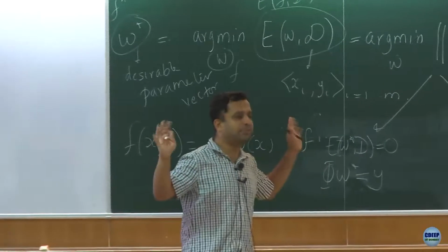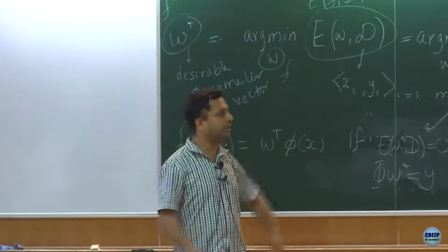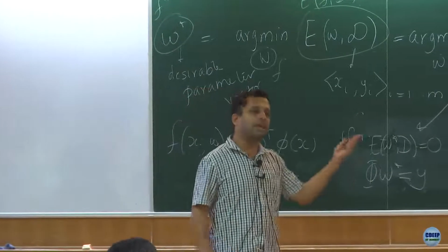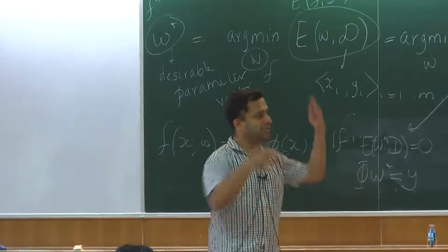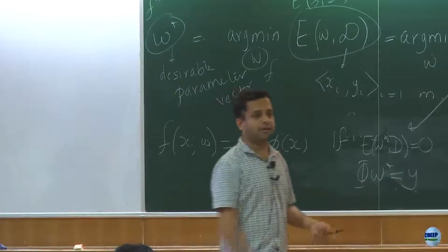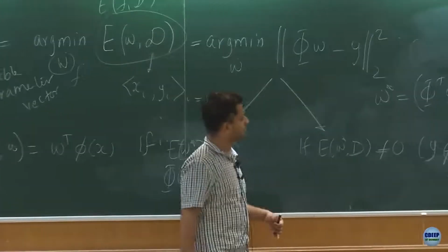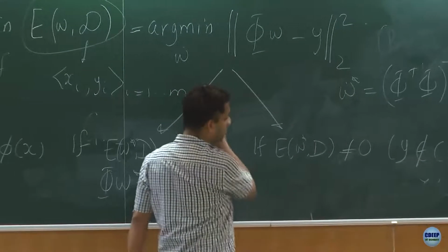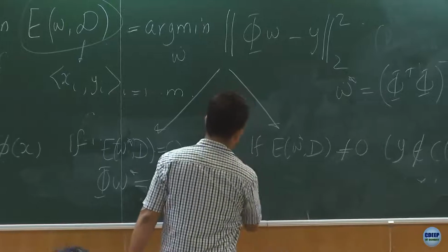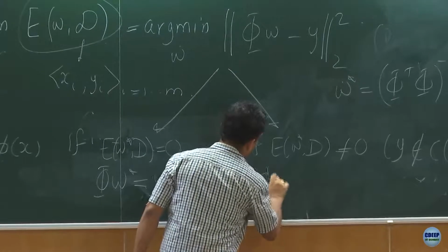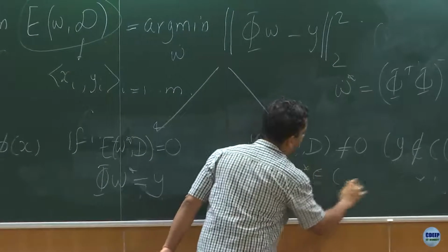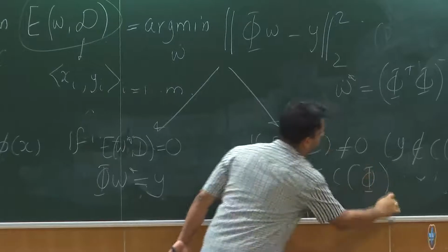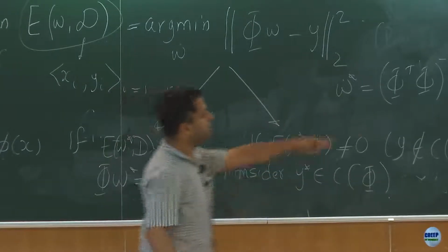The column space is non-empty; it will never be empty. Even if phi is a 0 vector, a rank 1 matrix will have at least the 0 vector. Okay, so consider y star in the column space of phi, and that's the y star we are talking about.